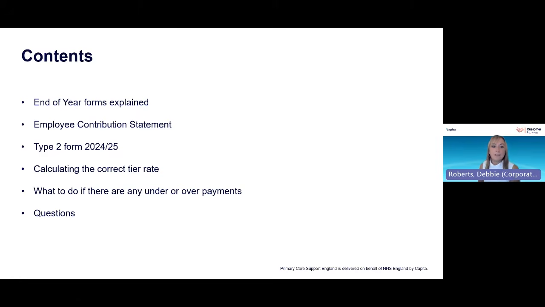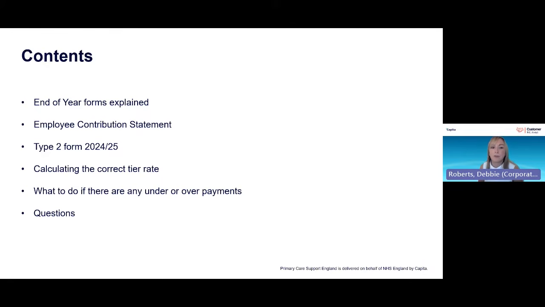So looking at the contents for the evening, we're going to start off with a video that's explaining what the end of year form is and who needs to complete the form. We'll be having a look at the employee contribution statement, what's available in PCSE Online. We'll then be having a look at completing the Type 2 form in PCSE Online, so we've got a bit of a system demonstration on that for you.